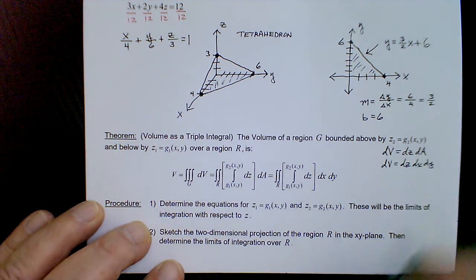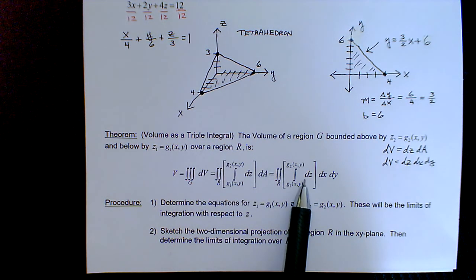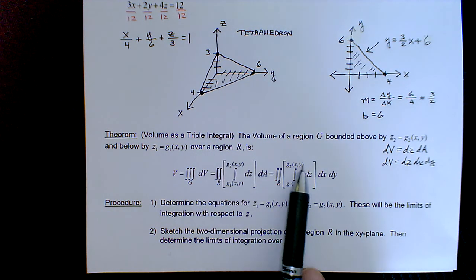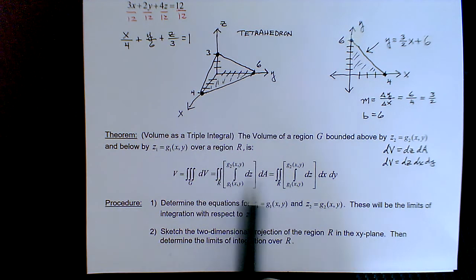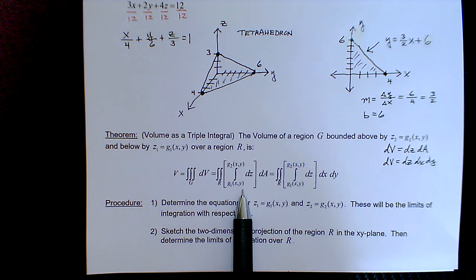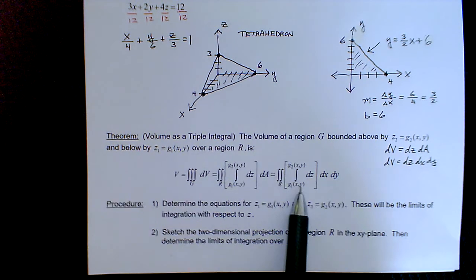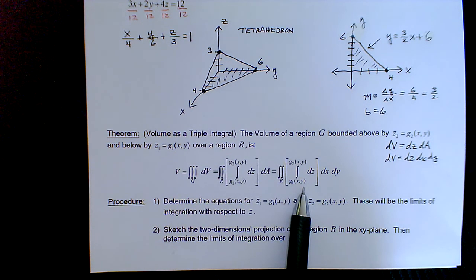Doesn't matter the order, remember. But the function that we're integrating is really just the differential dz. We don't put the function in here, because the function is determined by these limits of integration, the g functions, as we're going to see.